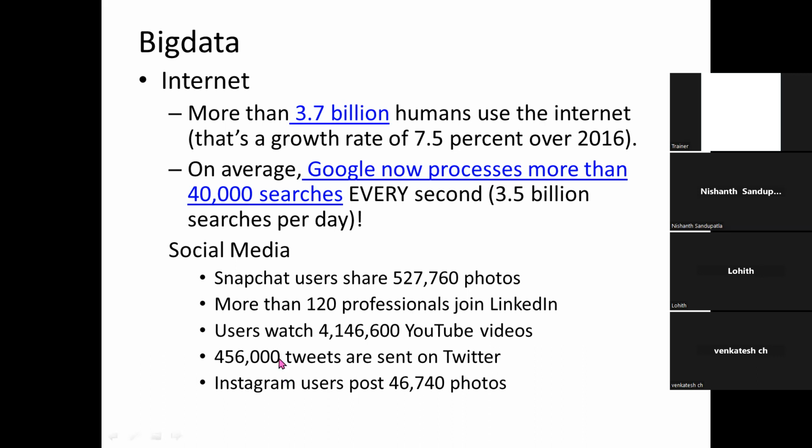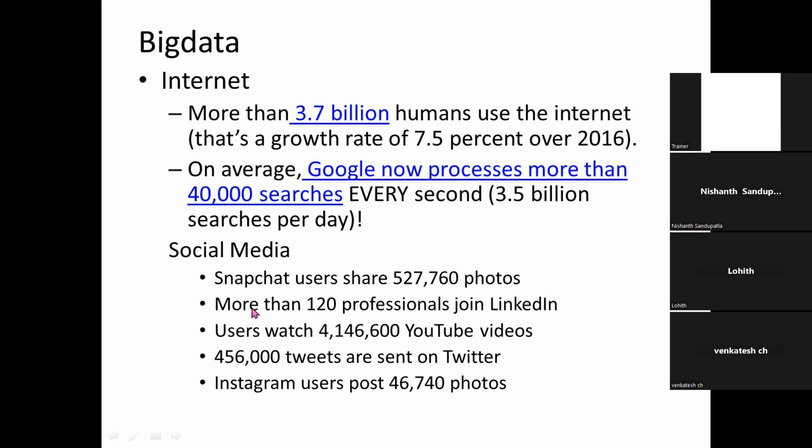Now, why would I call it big data? Because you see the number of sources: Snapchat, LinkedIn, YouTube, Twitter, Instagram, and so on and so forth. So the sources of creating data are many. It qualifies in the number of data sources, and also the change of data, the velocity, the speed of change.